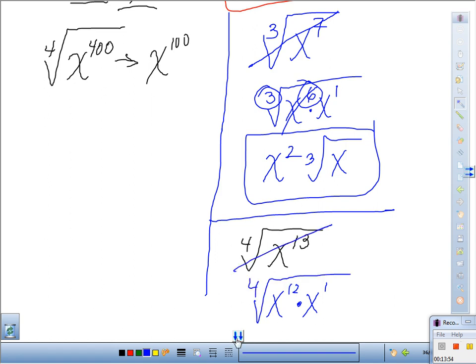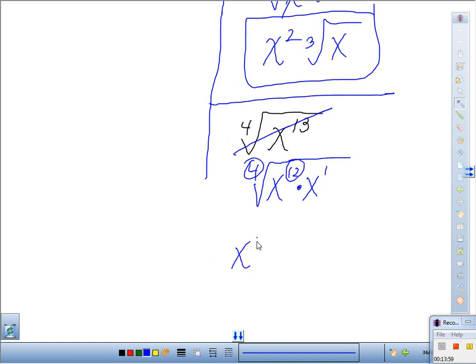We no longer use that one. What is 12 divided by 4? X to the third. What's left? Fourth root of x. And have you got that? Okay, we got this, yes? All right.